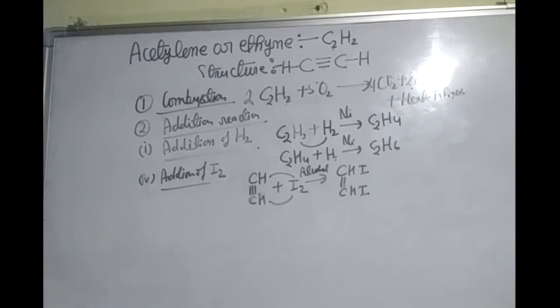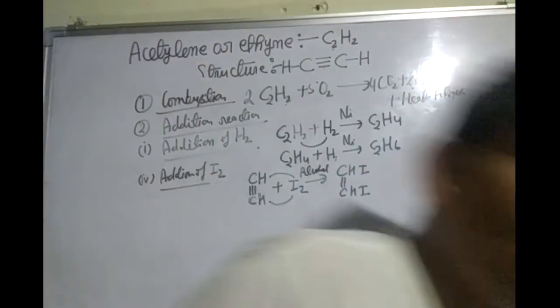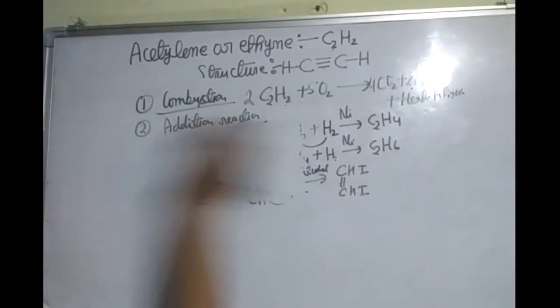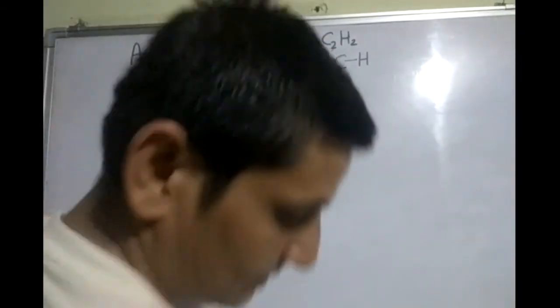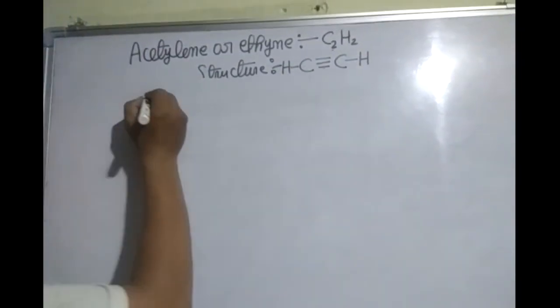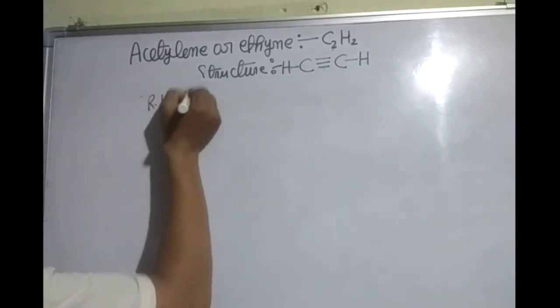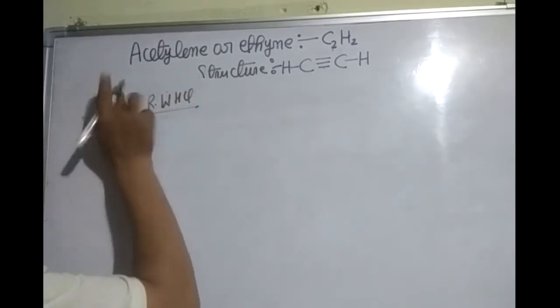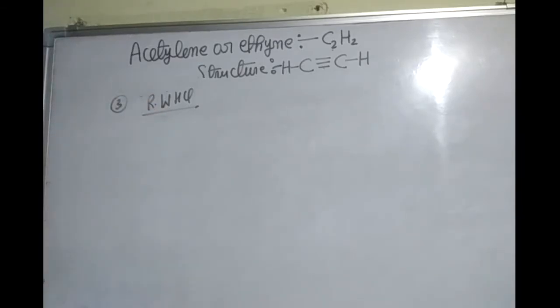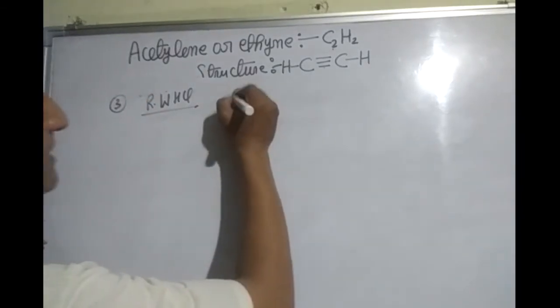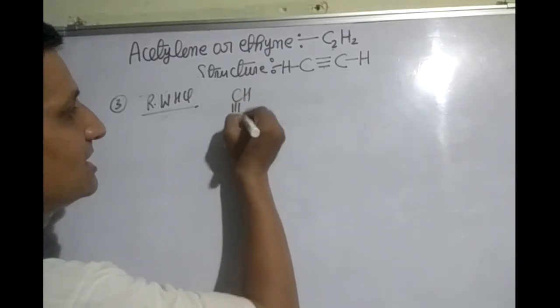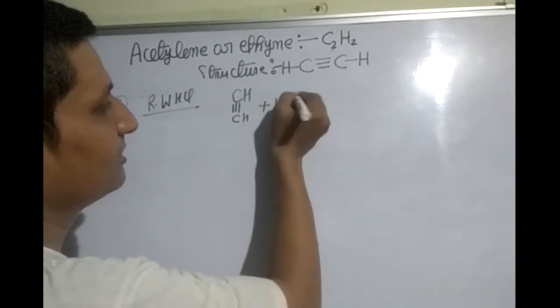Next point is reaction with HCl. So look here, reaction with HCl. This is the reaction with HCl. Third point. Acetylene reacts with HCl.